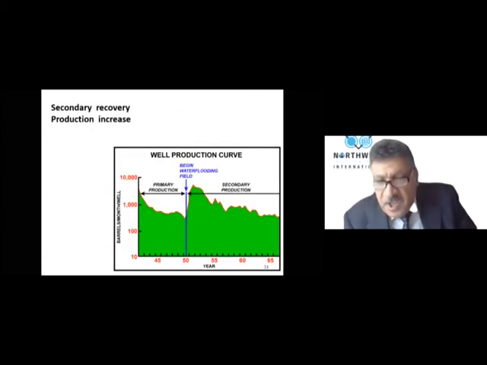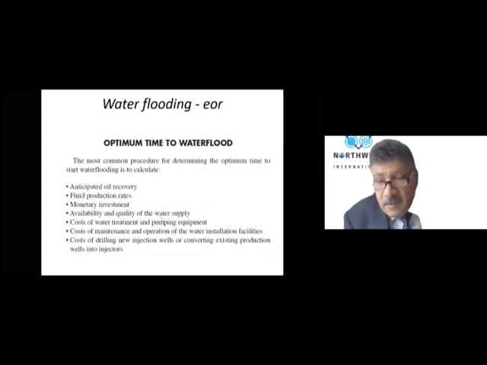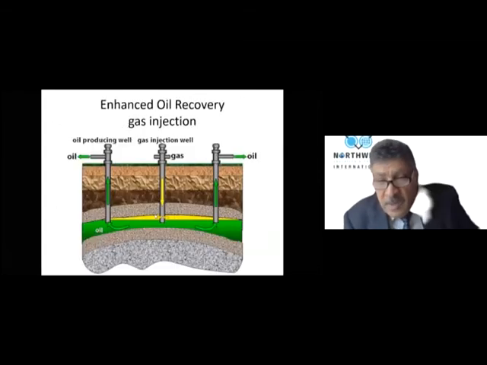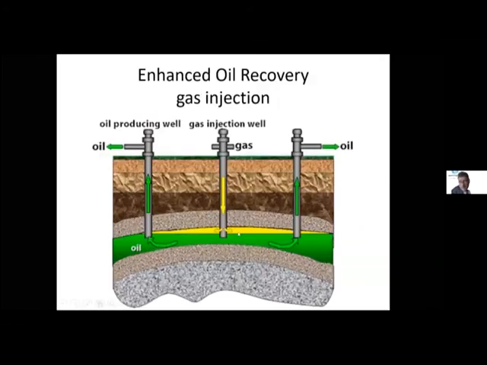In gas injection, you are targeting this yellow area. What do we name it? We name it the gas cap. So if I inject the gas inside the gas cap, I would name this gas injection. Usually the gas used most of the time will be the natural gas, methane and ethane.